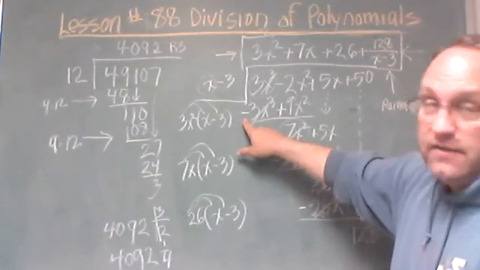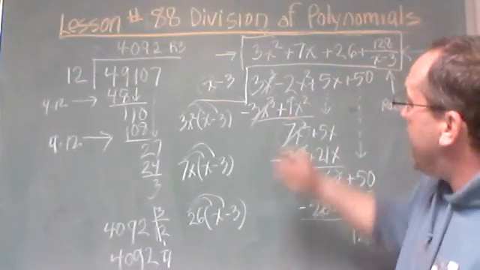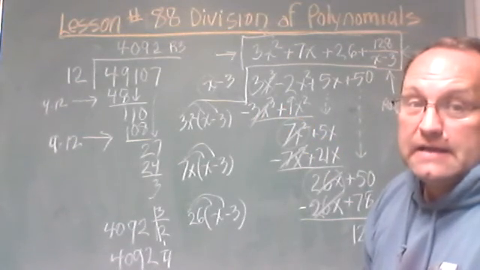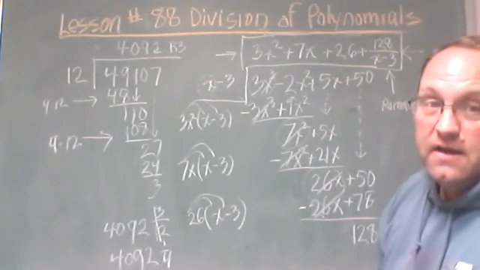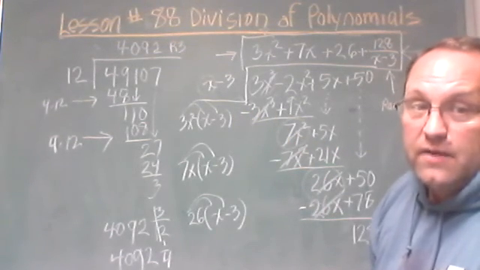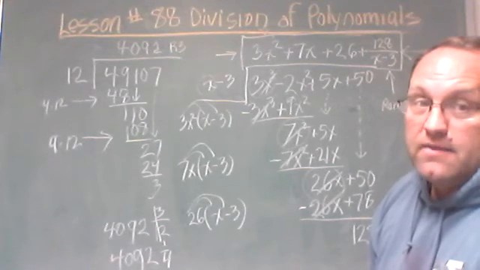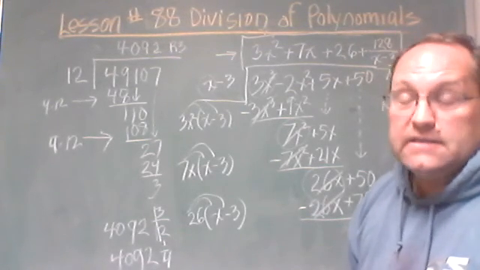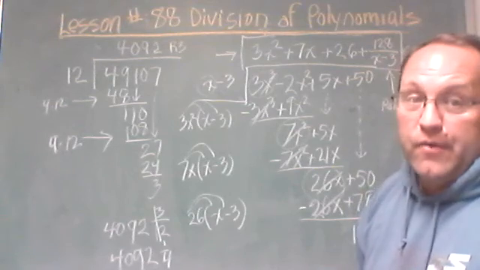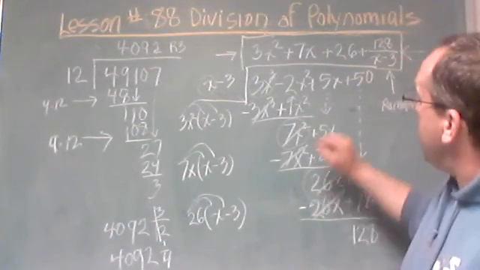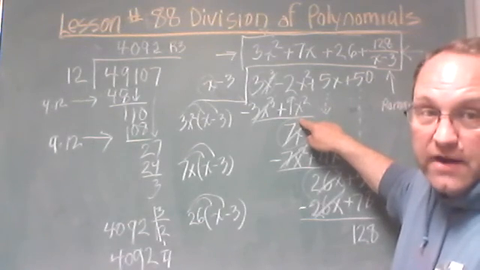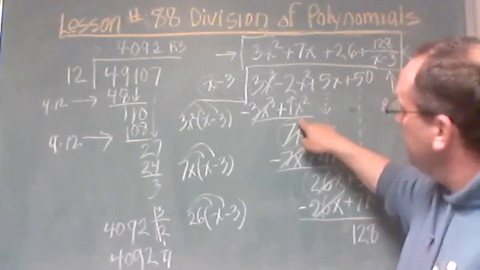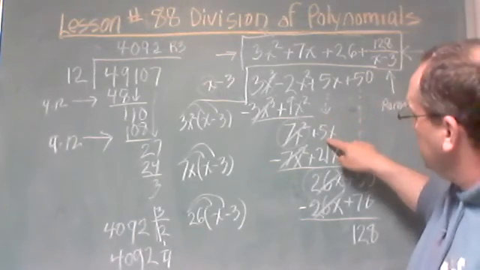And a trick of the trade, we don't subtract these polynomials. We change the sign of the terms there and we add them. That helps us stay out of trouble. It's the same operation, just a different way of doing it. And remember, once you're done with that subtraction, which is the addition of a negative, make sure to drop down your next term.